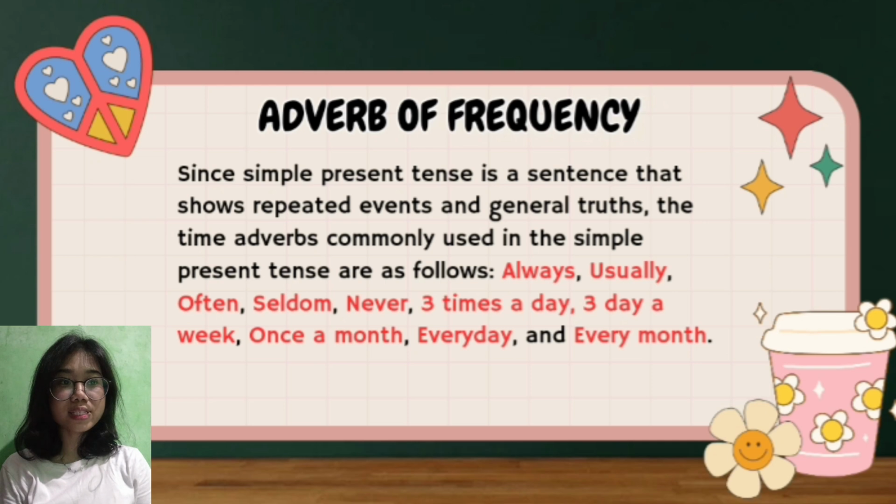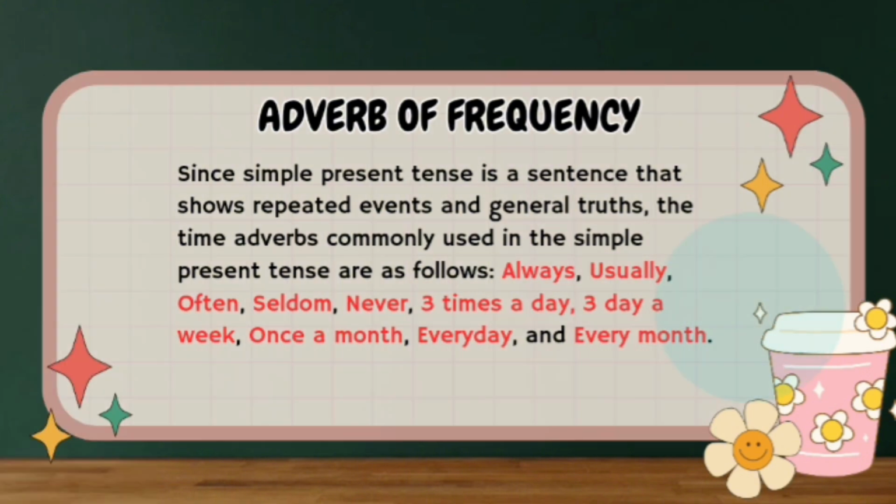Adverbs of frequency. Since simple present tense is a sentence that shows repeated events and general truth, the time adverbs commonly used in the simple present tense are as follows: always, usually, often, seldom, never, three times a day, three days a week, once a month, every day, and every month.